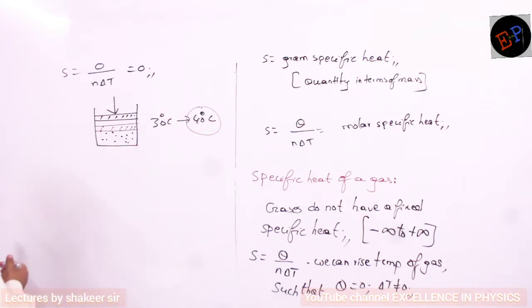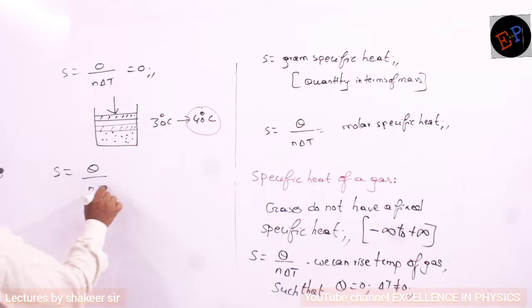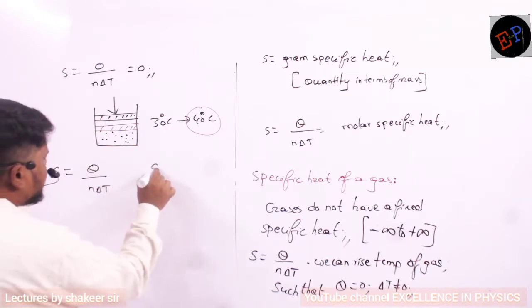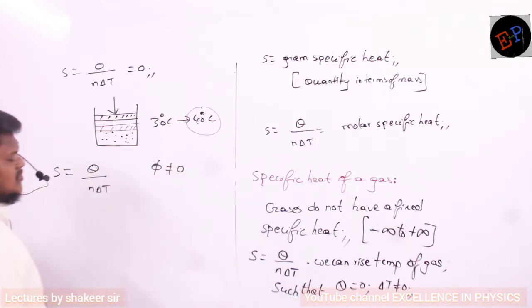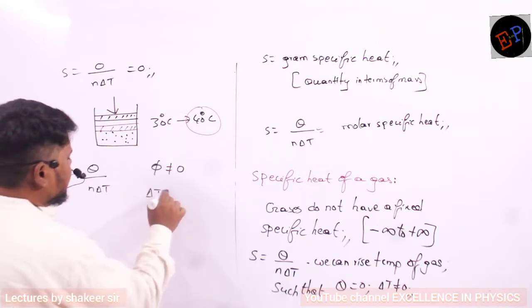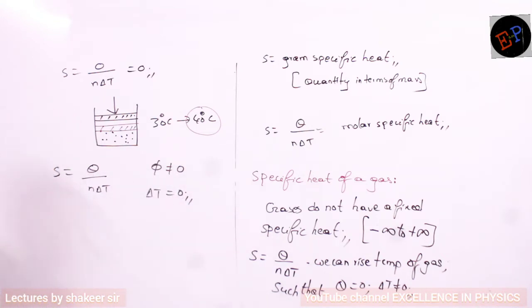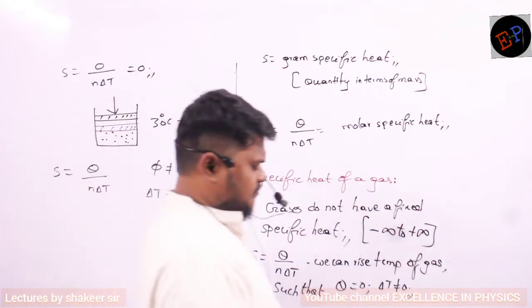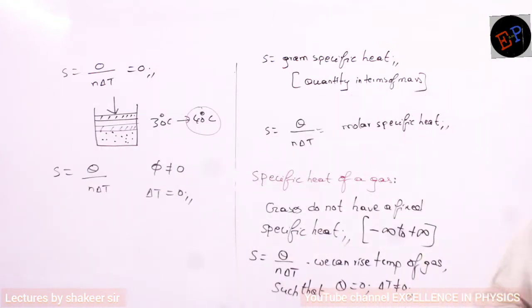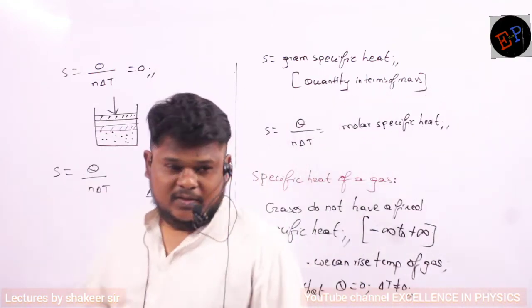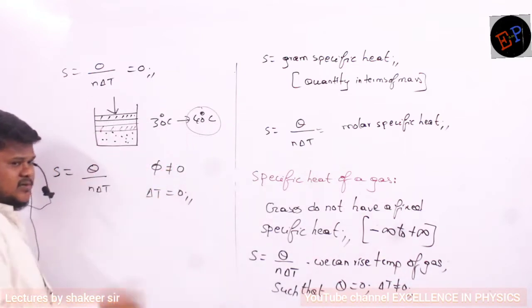So let me take one more case. S is equal to Q by n delta T, no? So Q is not 0. But delta T is equal to 0. In this condition, delta T is 0.